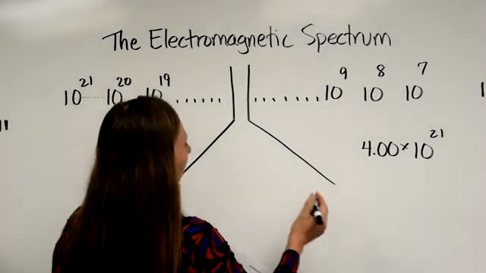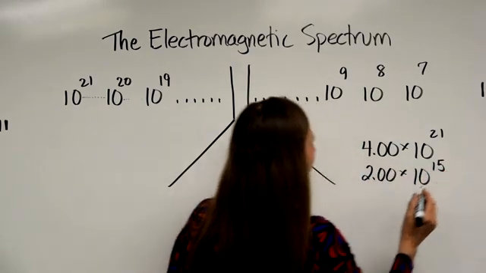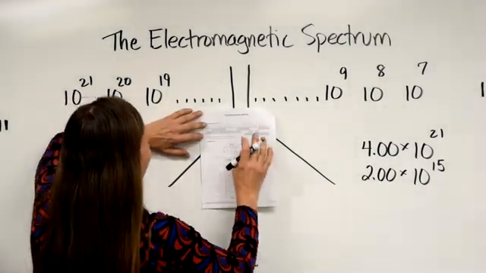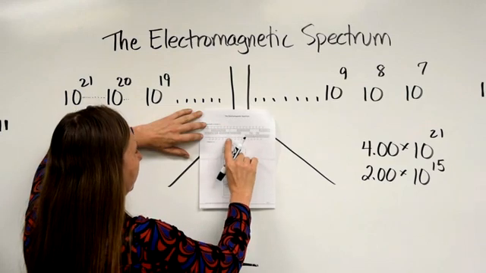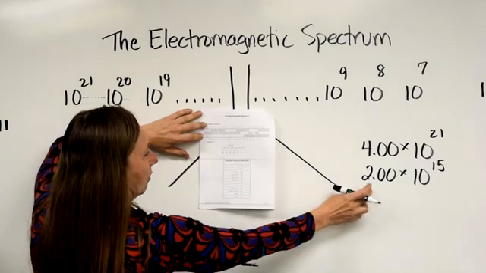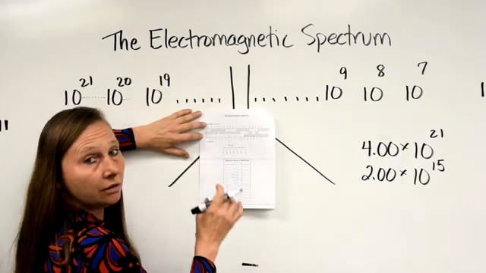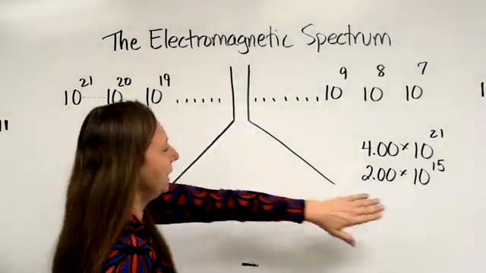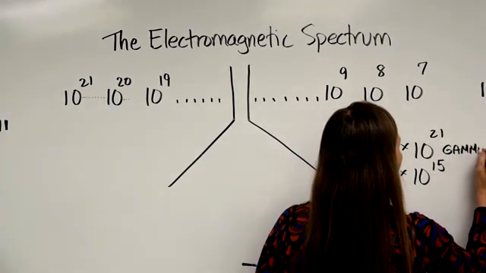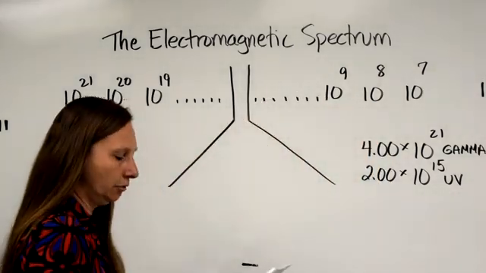Try, for example, 2 times 10 to the 15th. Where does that show up on the chart? Well, here's 10 to the 15th. If you go straight up from 10 to the 15th, 2 times 10 to the 15th, you're going to see that those are ultraviolet rays. So that would definitely be ultraviolet. So this one would definitely be gamma. And this one would be UV, or ultraviolet rays.